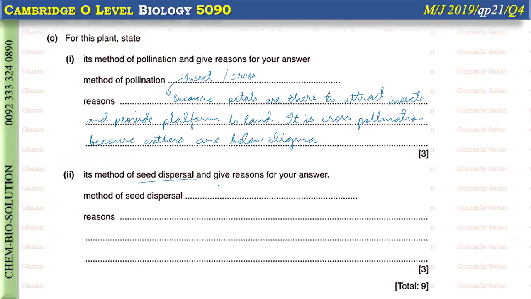So here we are asked to write method of seed dispersal. So it is by wind. But remember that you shouldn't write wind pollination because this is not the pollination. This is the wind dispersal. So you can write by wind.